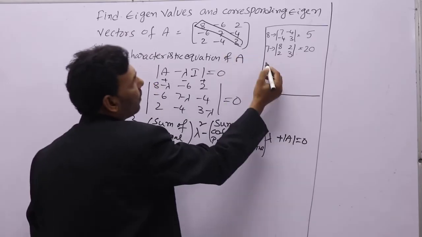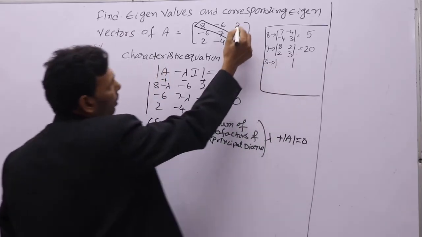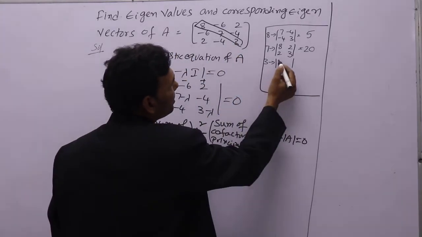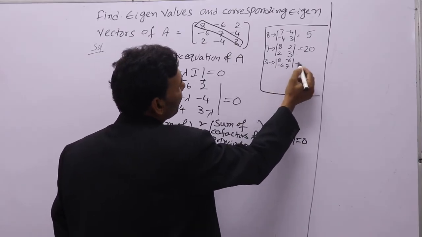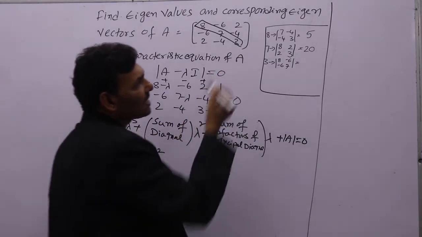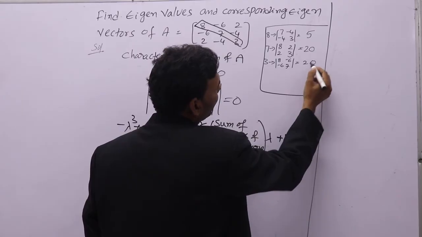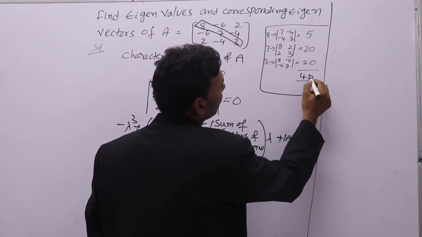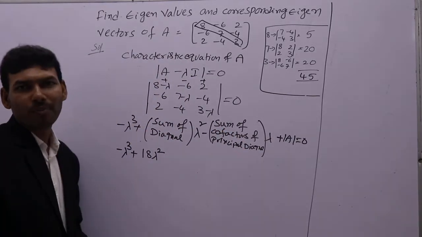Next, for 3: the last row and last column are eliminated, remaining 8, minus 6, minus 6, 7. 8 7s are 56, minus 6 6s are 36. 56 minus 36, 20. This total gives you the sum of cofactors of the principal diagonal.